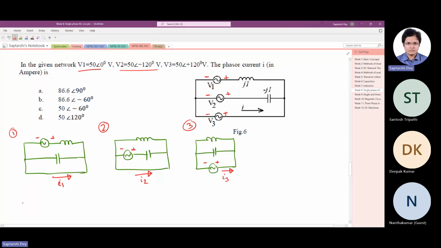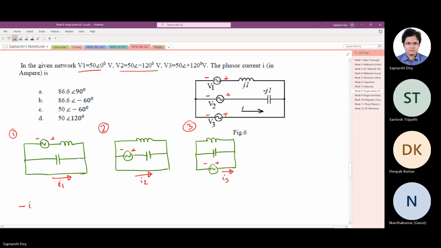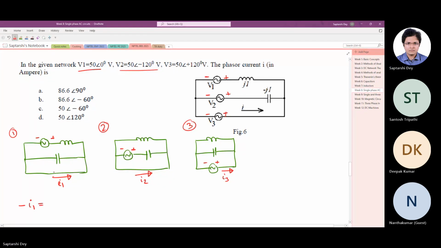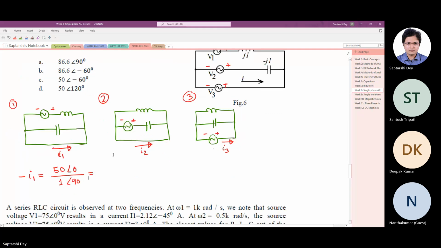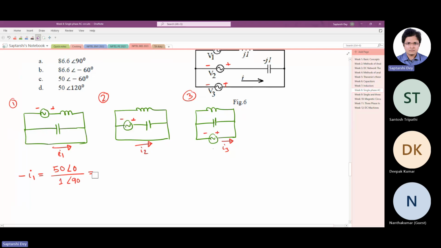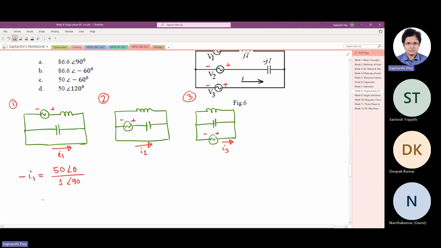So what I can say is minus I1 is 50 angle 0 by j1. j1 is 1 angle 90, which gives me 50 angle minus 90, so minus I1 equals that.